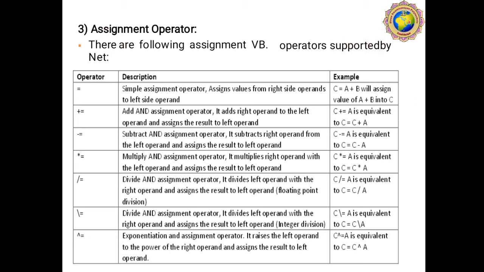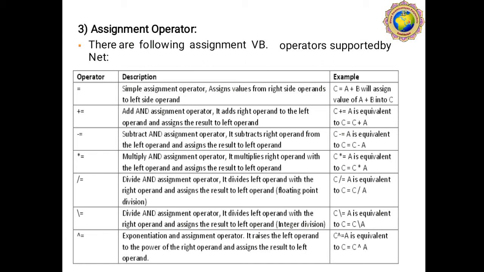First of all, the equals to operator simply assigns a value from the right side operand to the left side operand. So here C equals A plus B means the addition of these two variables, A and B, and the result is stored in another variable C. It is known as the assignment operator, using the equals to symbol.